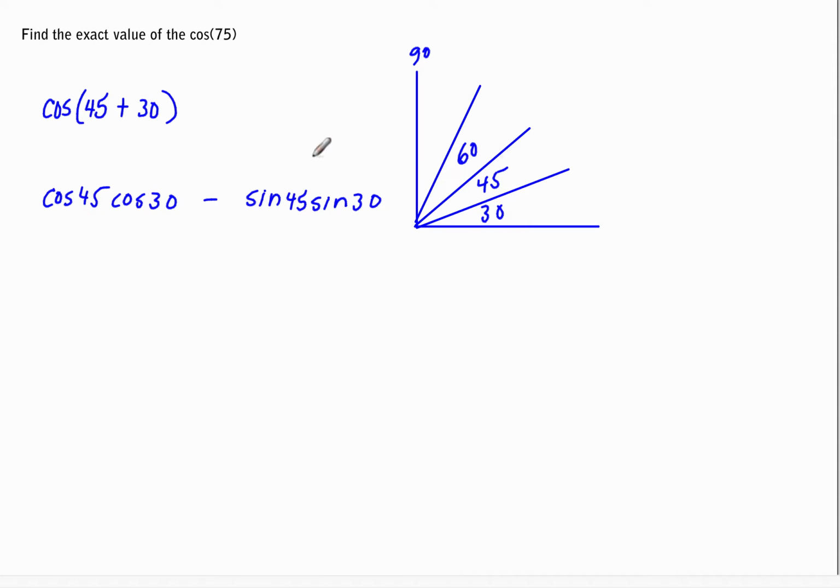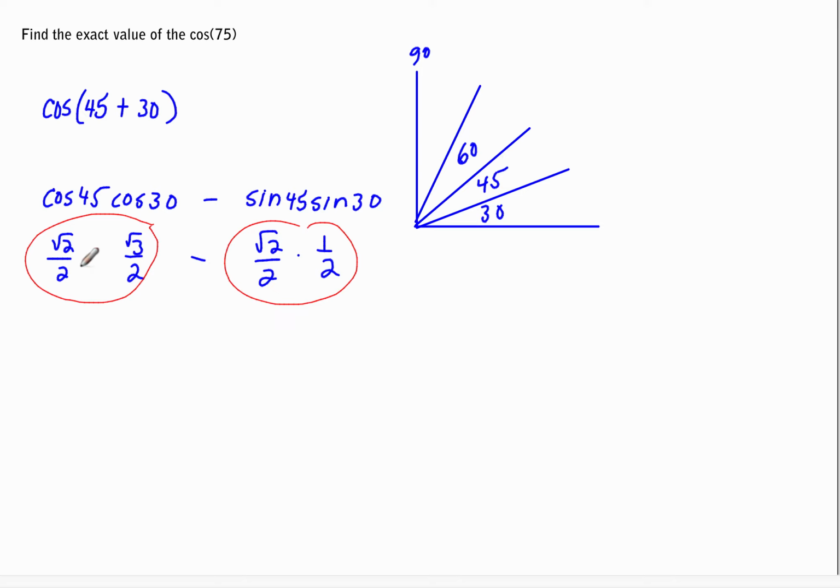All right, the cosine of 45, well, that's radical 2 over 2 times the cosine of 30, which is radical 3 over 2. Sine of 45 is radical 2 over 2. The sine of 30 is 1/2. Now, just remember your algebra. We have to multiply before we subtract, order of operations.